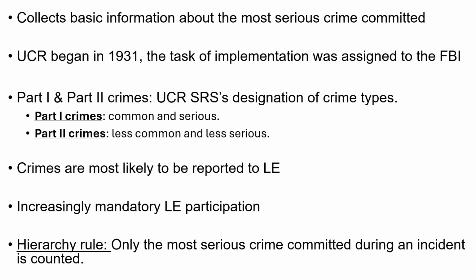In just a minute, on the next slide, I will show you exactly what crimes fall into Part 1 and what crimes fall into Part 2. With the UCR, law enforcement reports their statistics to the FBI on a yearly basis, and that's what accounts for the data that is collected into the UCR.